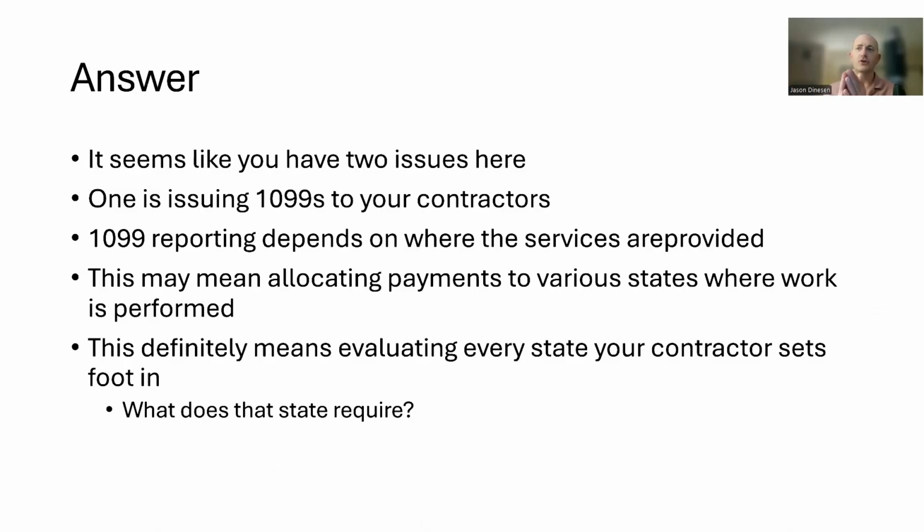You're going to have to determine, for the payments that you made to that contractor, what portion represents payment for services provided in North Dakota and what portion represents services provided in Montana, and divide between those two states, and then look at those two states to see what they require for 1099 reporting. You might not need to send anything, but you're going to have to look in that state.